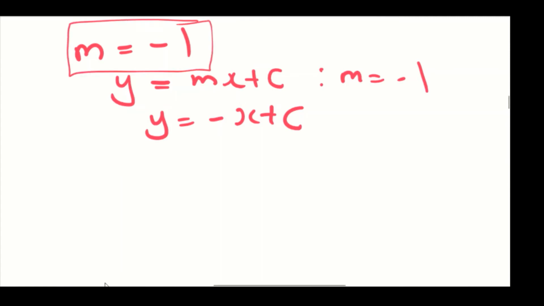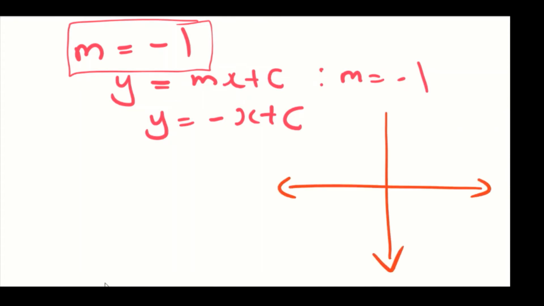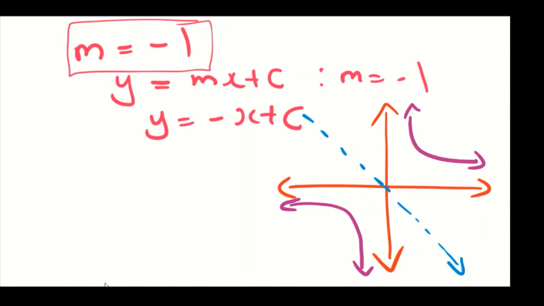Let's say for an example you have your Cartesian plane like this, and you have your graph, your hyperbola. So your axis of symmetry passes through here. Because it's going down, it's going to be your negative axis of symmetry because it's dividing the graph into two equal parts. So the gradient for this would be equal to -1.